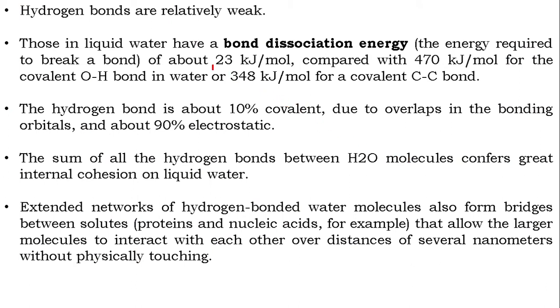See, the bond dissociation energy, the energy required to break a bond, is about 23 kilojoule per mole, while it is 470 for an oxygen-hydrogen covalent bond, while it is 348 for a carbon-carbon covalent bond.